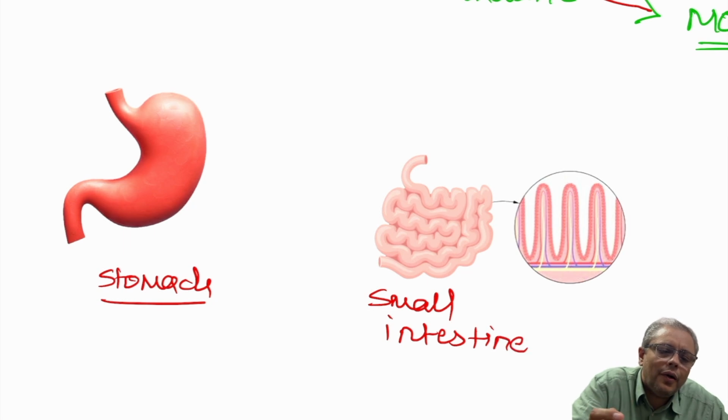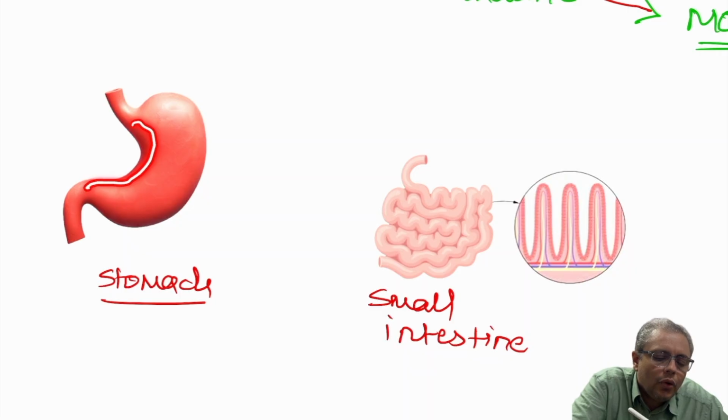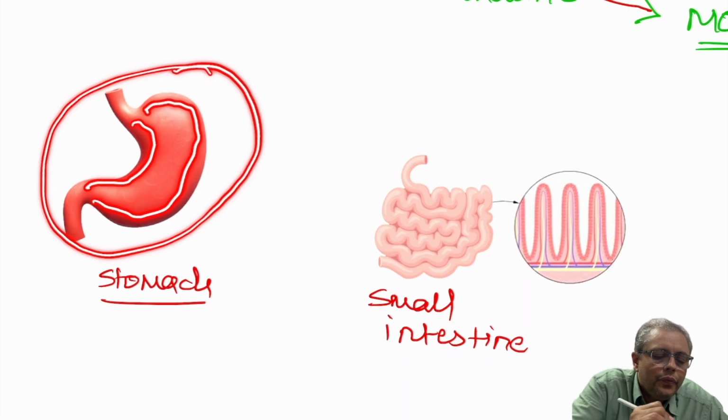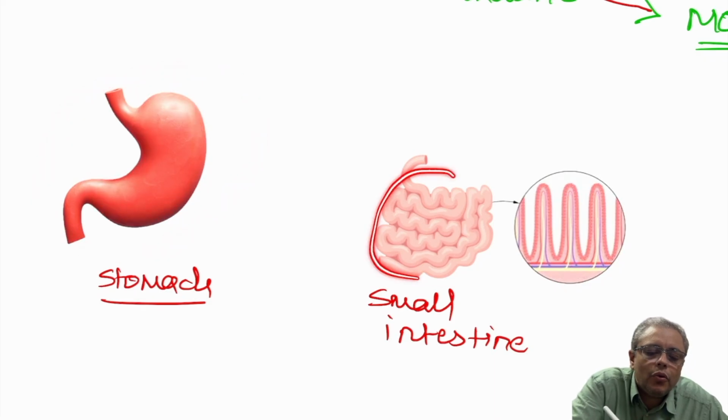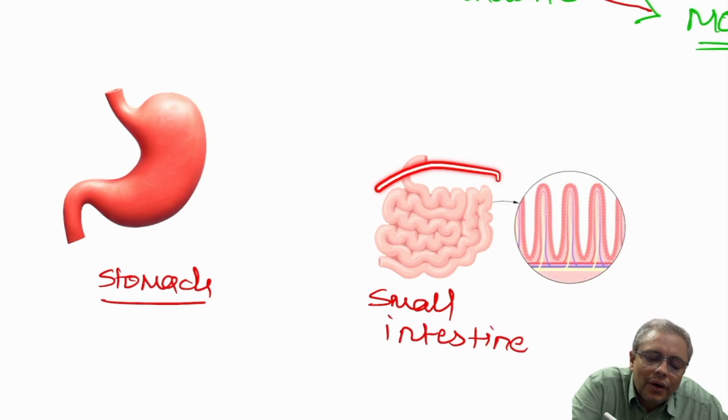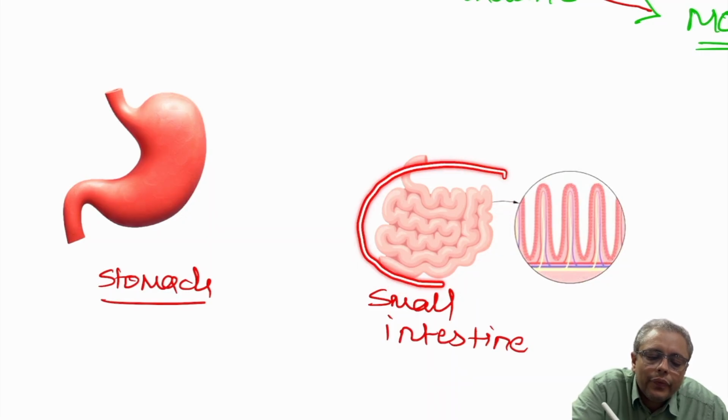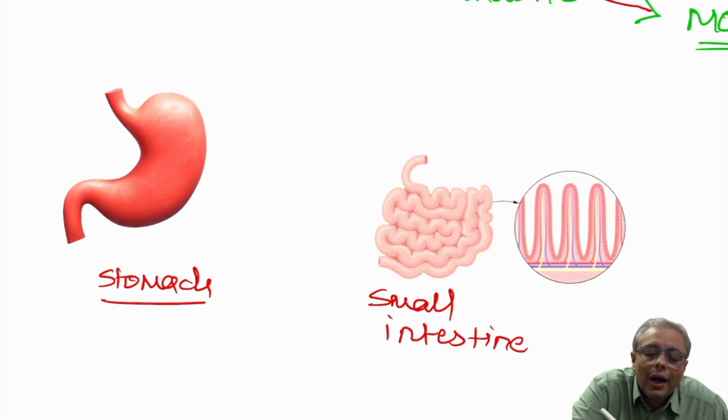If you just broadly look at the figure without any knowledge, you will say that, sir, the surface area of the stomach is very large as compared to the small intestinal surface area. But it is absolutely wrong. You all know that the surface area of the stomach, if you enlarge it, this area will become very large.